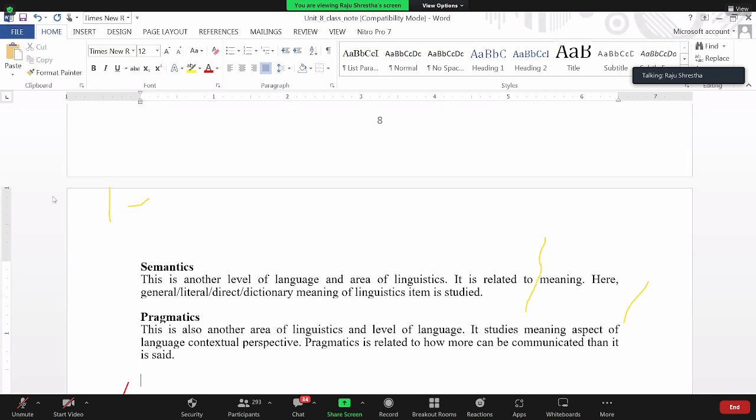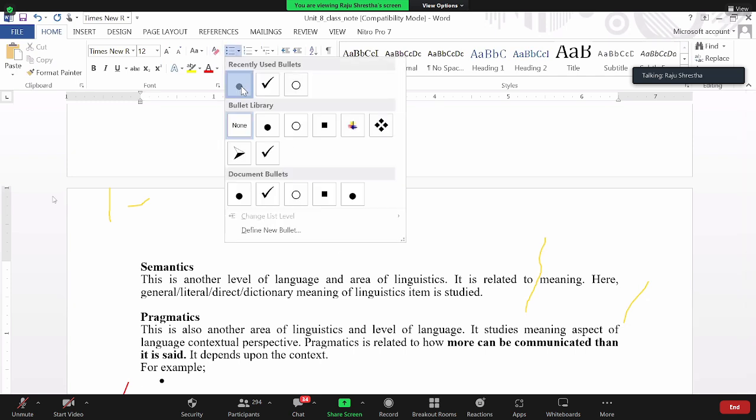How more gets communicated, or more can be communicated, than what is said. So it depends upon the context. Context determines it, right? For example, giving an example.